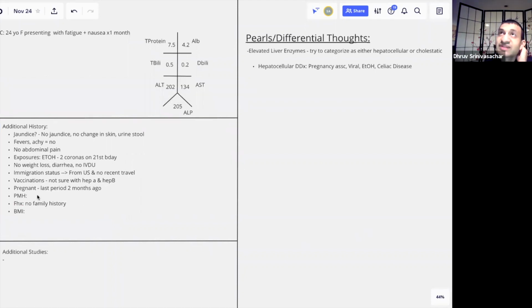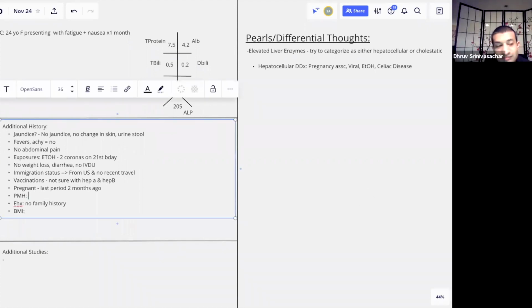I'm trying to remember which one goes with which. I think Crohn's is associated with PBC, if I remember correctly. Usually PSC is associated with ulcerative colitis, but you can sometimes see autoimmune hepatitis as well. So I'll tell you that her past medical history is just GERD, and she takes a PRN Zantac.